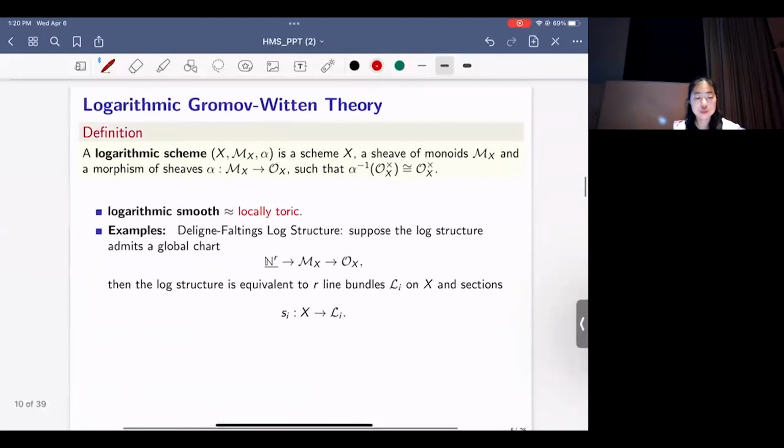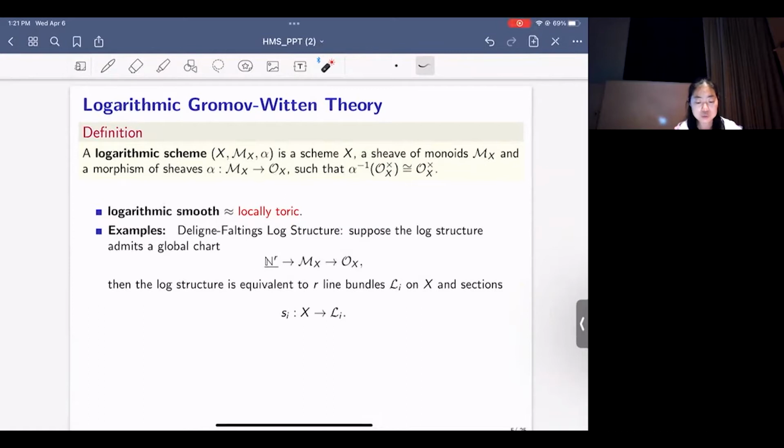So that was the first example of a log smooth curve. A second example, which I find useful for thinking about what a log structure gives me, is called the Deligne-Fontaine log structure.